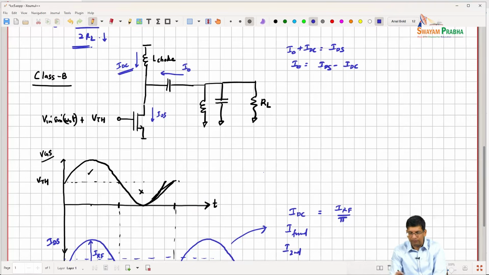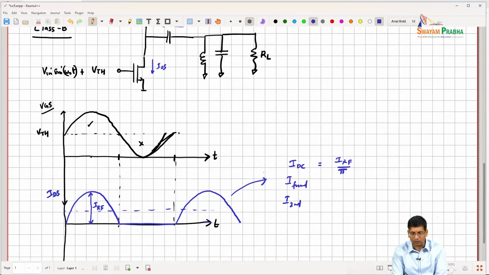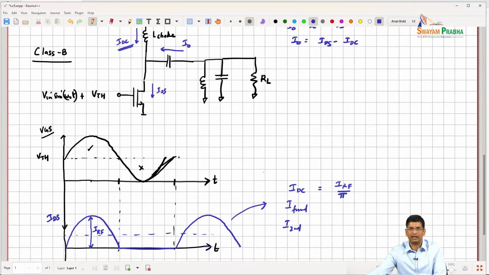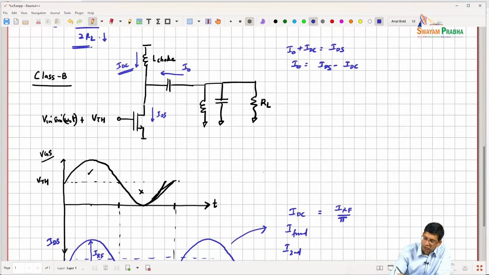Now if I subtract the average out of this, you can clearly see that this will just be an offset waveform. But even that is not a sinusoid. So it has many harmonic components, but all those harmonic components will get shunted out here. And then what I will be left with is my IL.